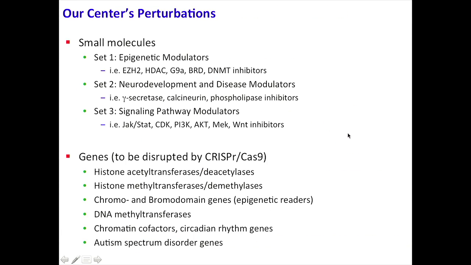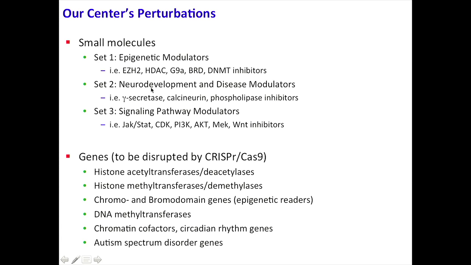And what we're doing is we have three different sets of small molecules. Some are epigenetically active, some are active in signaling pathways, as you've seen, and some are very specific, looking at pathways that are active in neurodevelopment and neuropsychiatric disease.